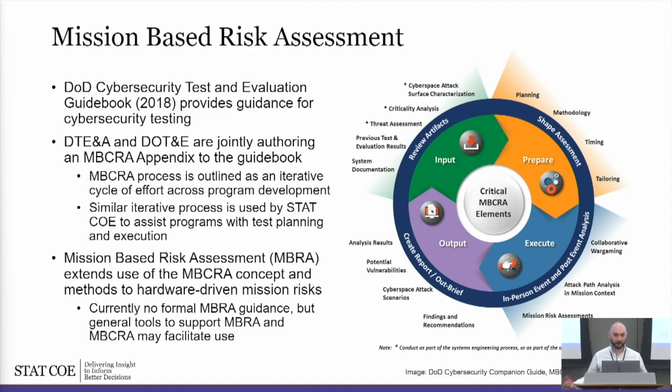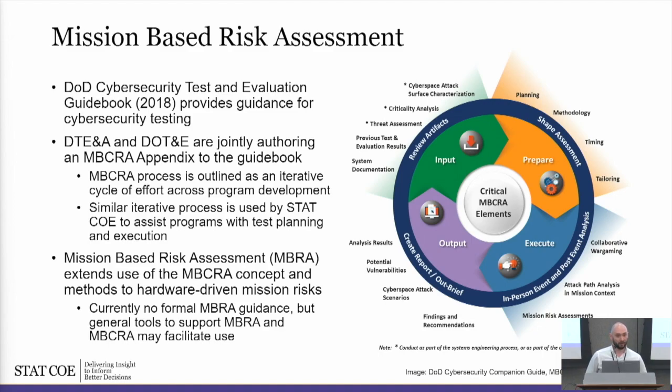Then execution of the event, where you actually bring your SMEs together, start documenting all these things and getting an understanding of what the impacts of the different threats you've identified might be for system resilience and how those things could be exploited. And then they're pitching this as an iterative process, or ideally an iterative process, where you gather the outputs from that event and feed that into further, more refined assessments of system resilience as you carry through the program.